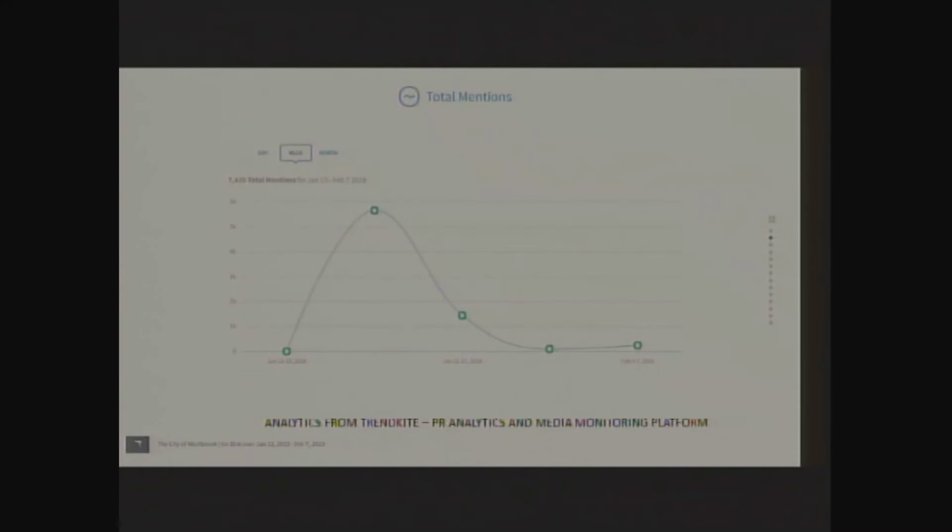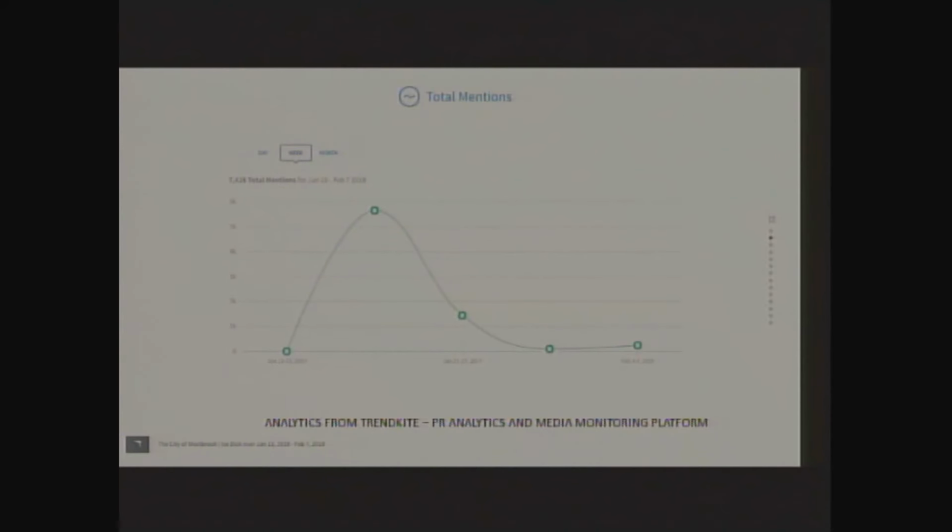So total mentions, that's how many times Westbrook, Maine ice disk was mentioned online and on TV. I think that's it, just news mentions. It didn't include print.